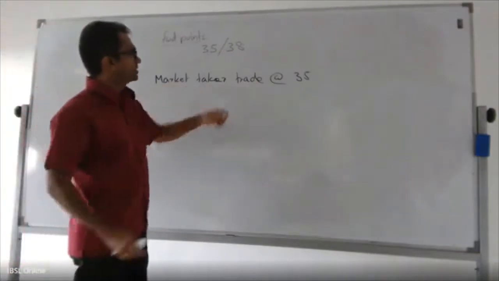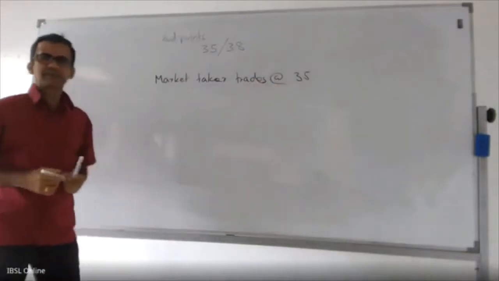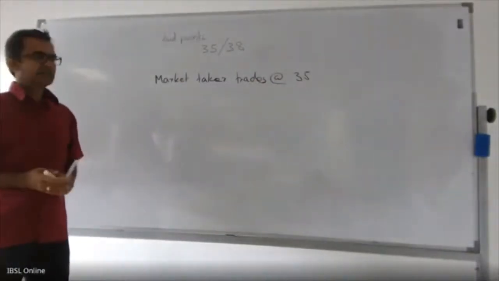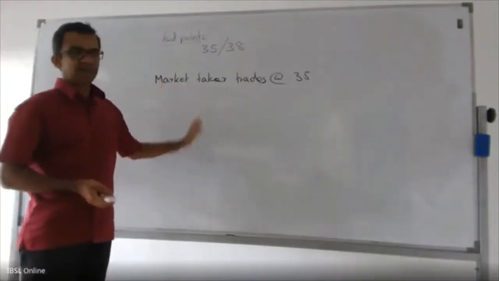The market taker trades at 35. What does it mean? What is the transaction entered into by the market taker?